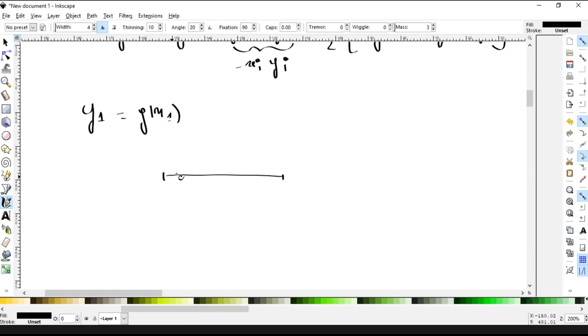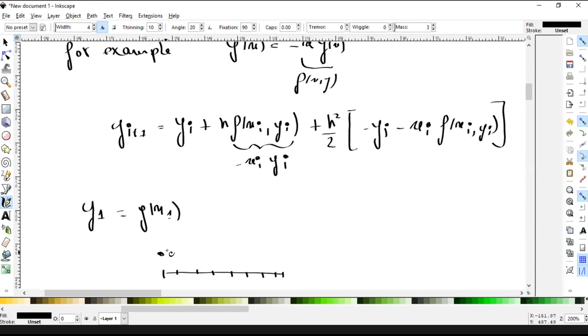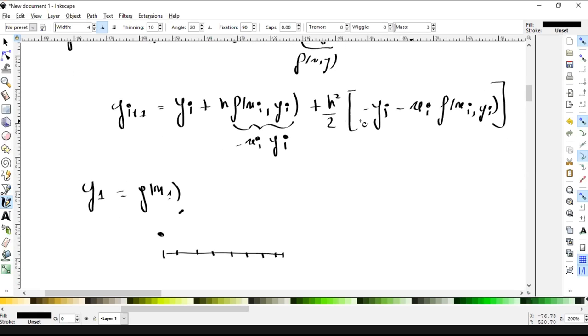So you discretize your interval into several points, and if you have your initial solution, in physics the problems are problems of initial solution, for example initial velocity or initial position, and then you calculate the second point from the first point using this Euler, and this is a higher order expression that involves the second order term.